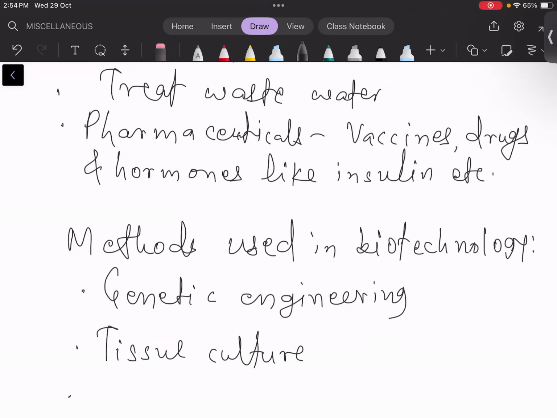And next, bioinformatics. Now, genetic engineering means what? Like recombinant DNA technology and gene editing.